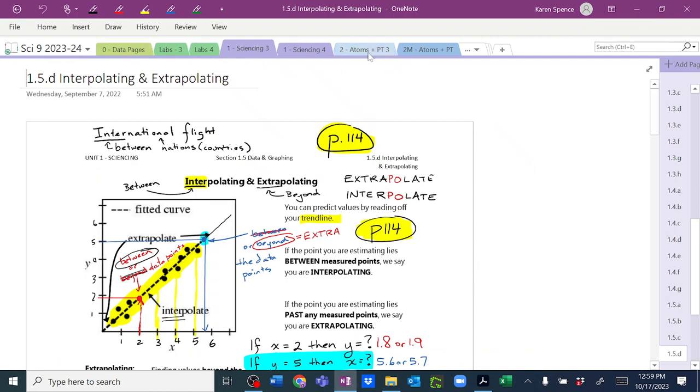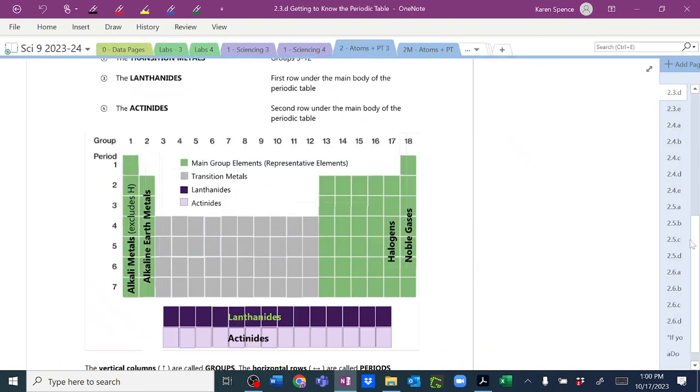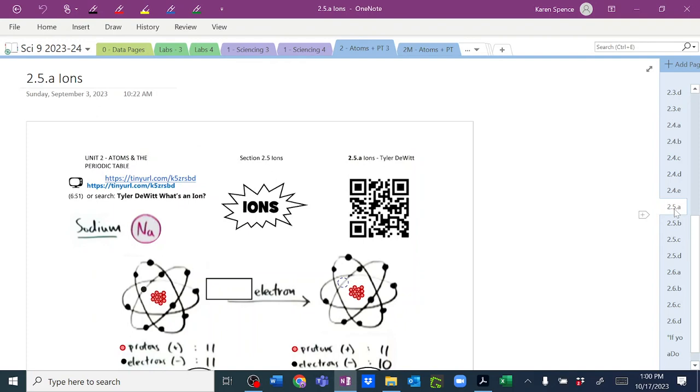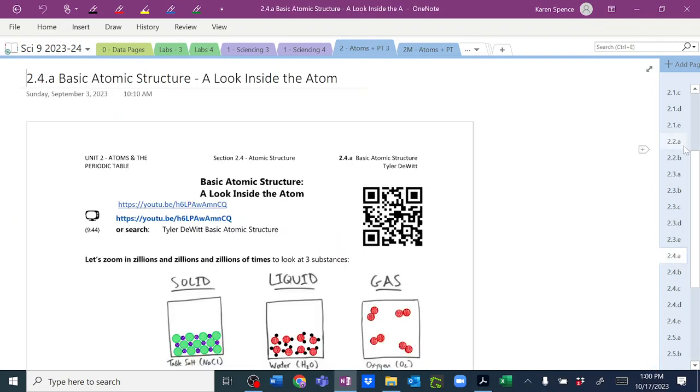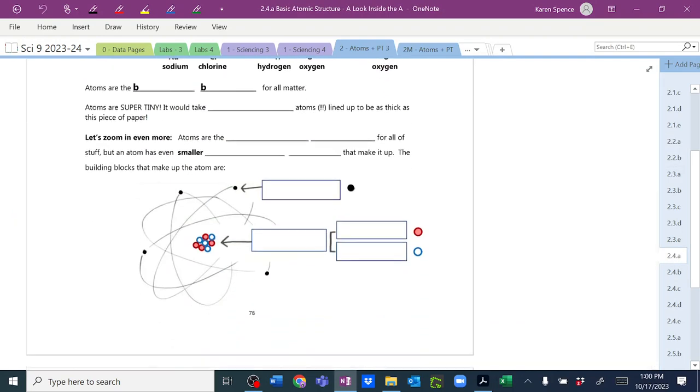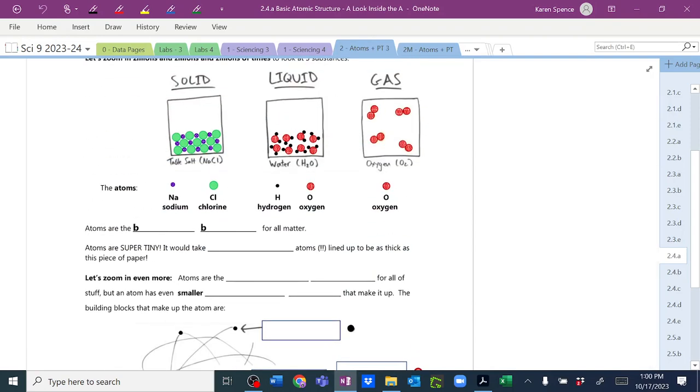Okay, where did we get to? We are on page 78.